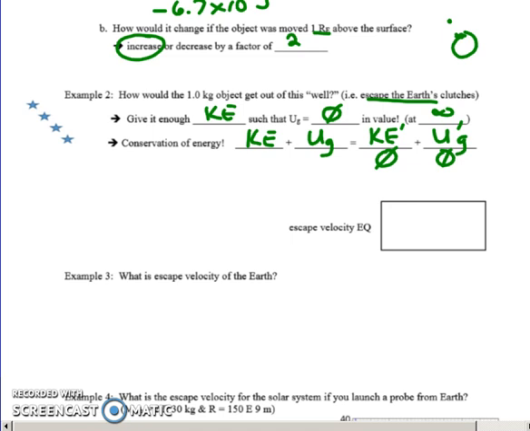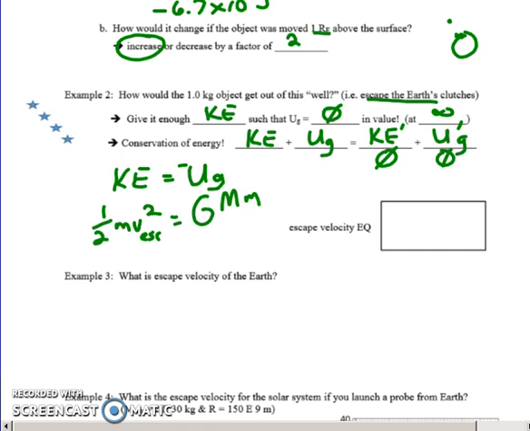So essentially, the solution is that if you want to escape a well, you set the kinetic energy initial to whatever well you're in. So it's going to equal the negative of our potential energy. All right, so I would say 1/2 mv squared, we're going to call this v escape now, is going to equal negative of the negative, so GM over r.